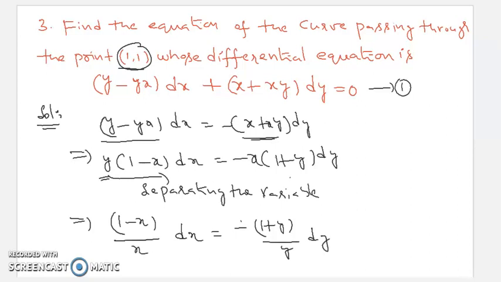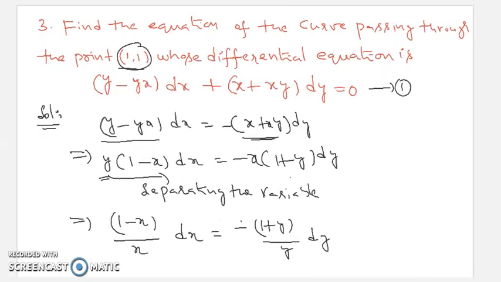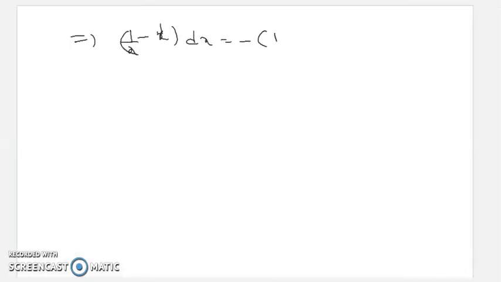Okay. So now we are going to find the solution. That implies 1 by x minus 1 into dx is equal to minus 1 by y plus 1 into dy.